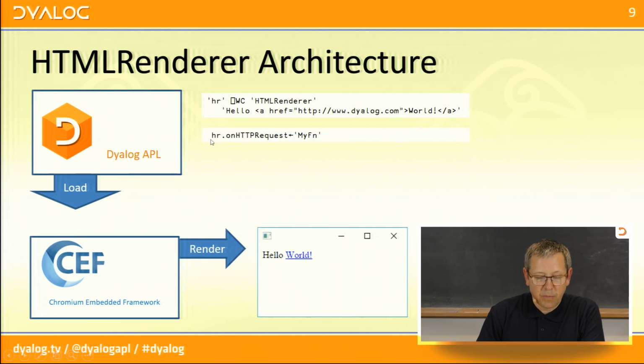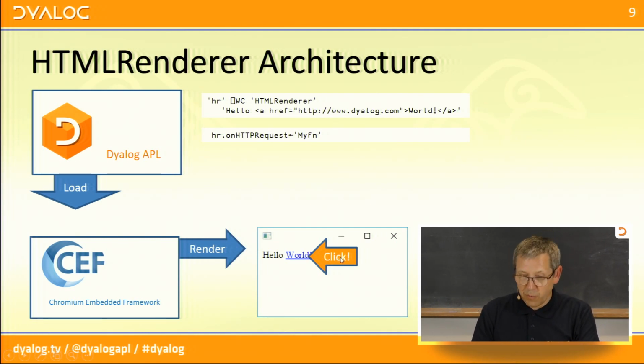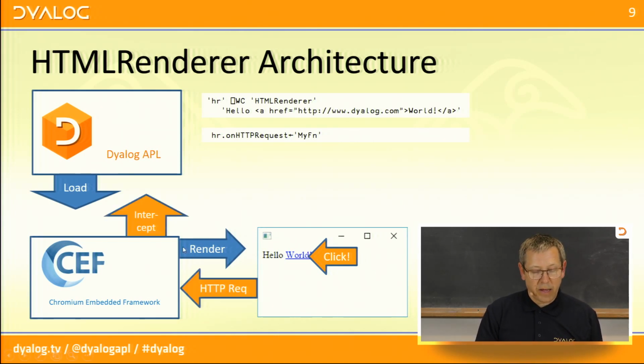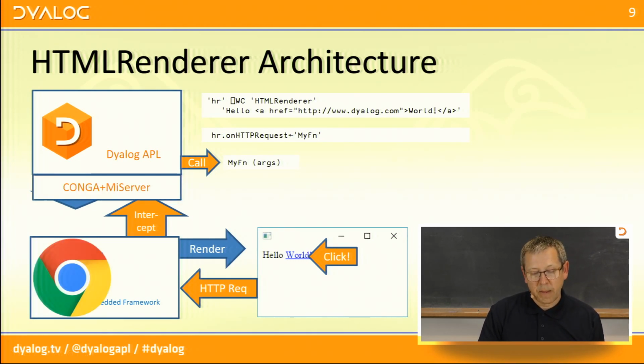And if you've set up a callback for on HTTP request on this object, then when the user does anything that would cause the browser to post back, either using AJAX or a regular GET or POST, that is sent back and it's intercepted and passed to APL infrastructure that we're creating, which will eventually call your function, as we had with that button there.